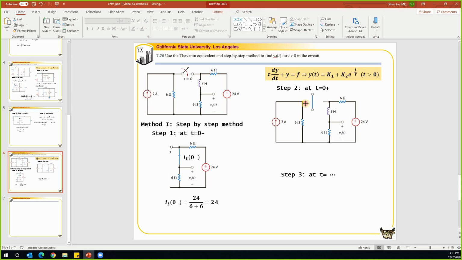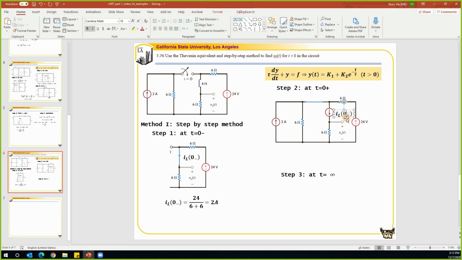This will be closed. At the same time, there is a current source, and we draw the reference direction going downward. This current source will have a value of IL at t equal to 0 plus, right?